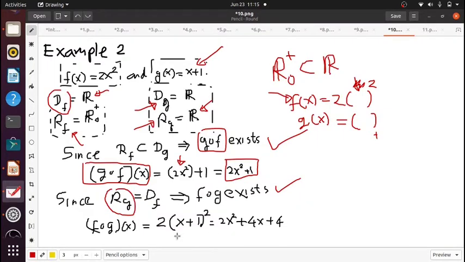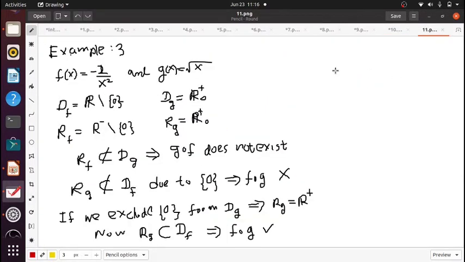Now how do you find f by g? You simply replace the input of the function f by g of x. So g of x is in this case x plus 1. When you input this, you get this as an output. What does this mean? If we have an input x, the output would look like this for the two composite functions.